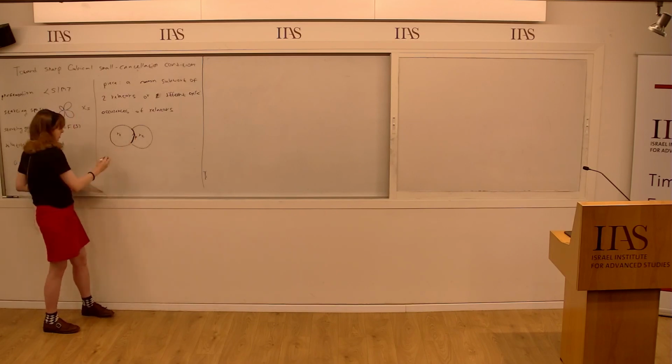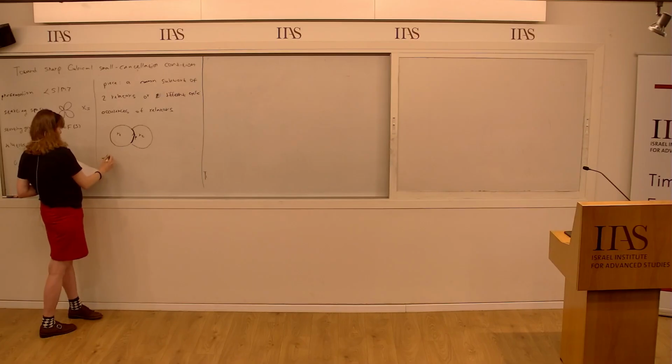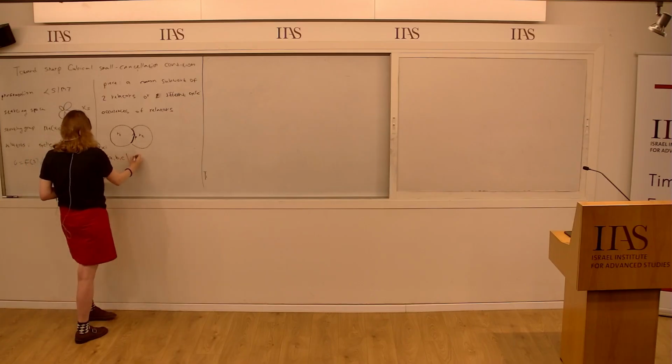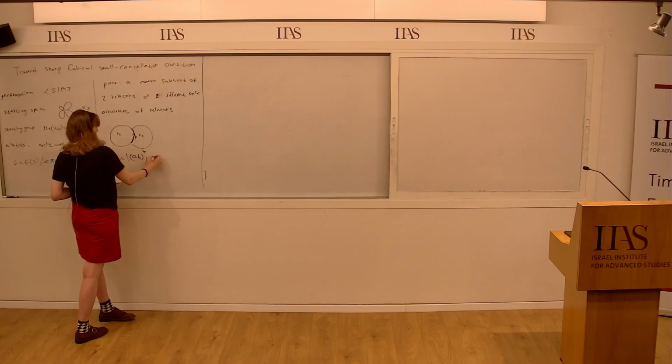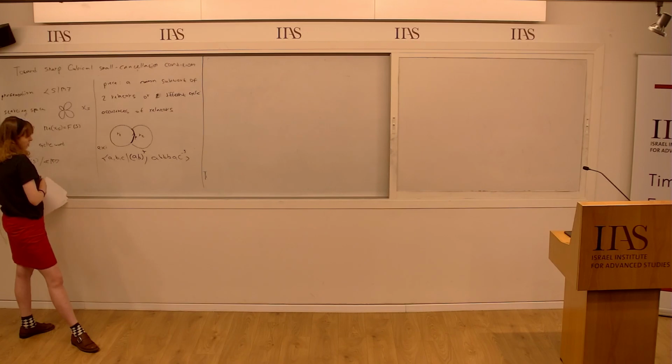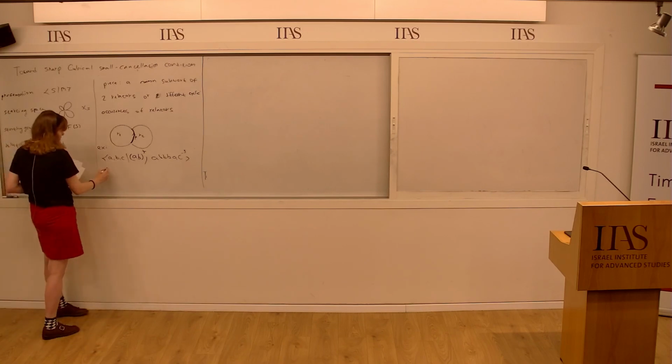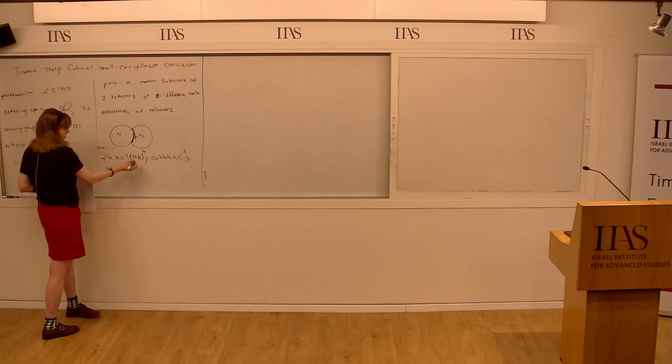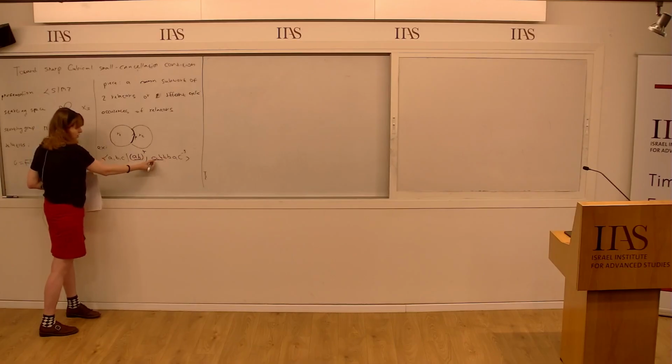Let's give a simple example. If we have a, b, and c as generators, and we have here a b to the 7, a b b b a, c to the minus 5, then we have pieces. For example, ab is a piece because it appears here and here.